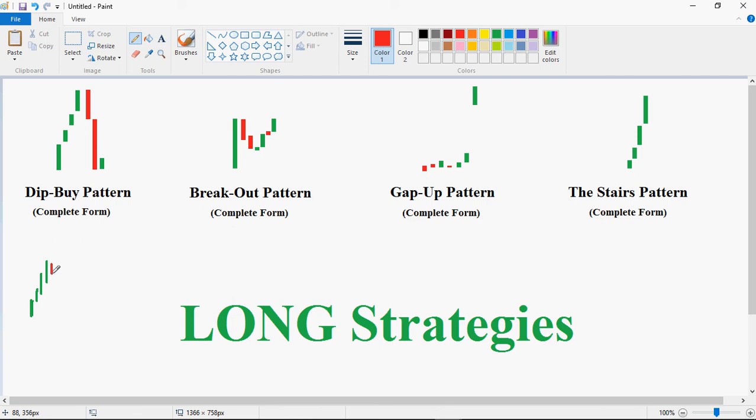Then another half an hour it went down. Then another hour. It took an hour to drop and go red. I'm just speeding it up, but it probably took an hour. Okay? See how it's forming into the complete dip buy pattern?